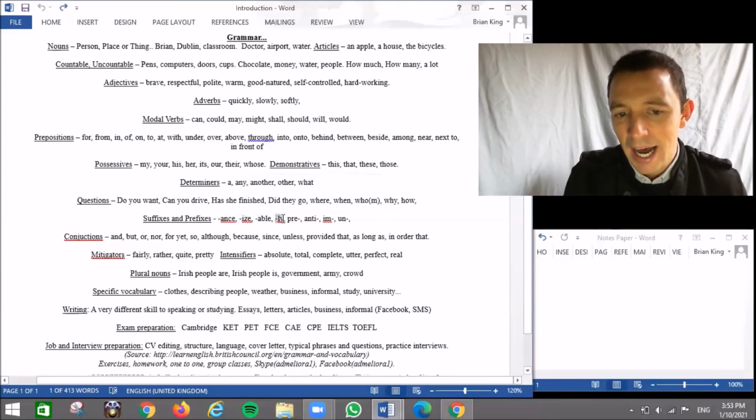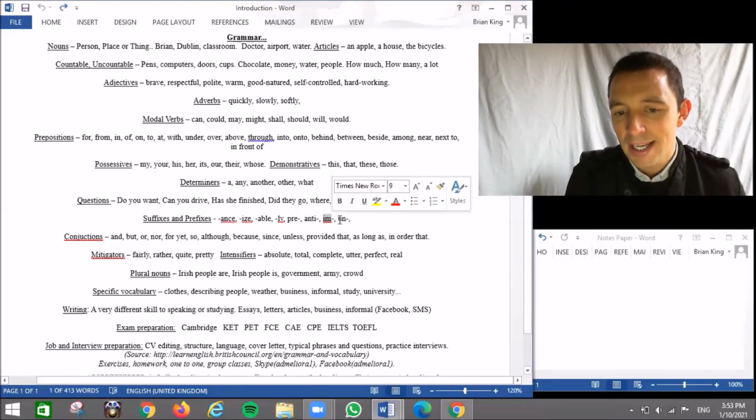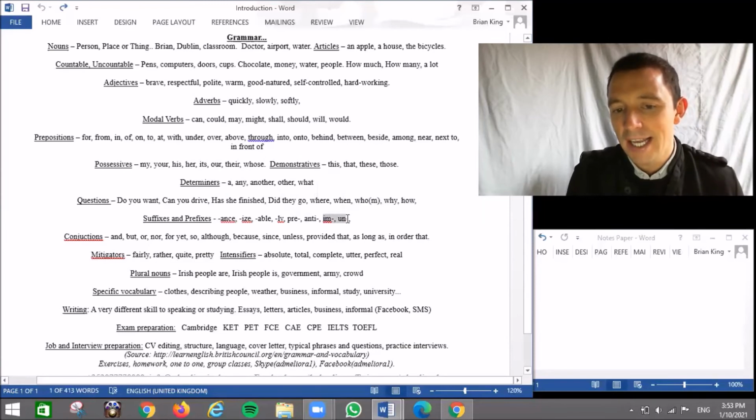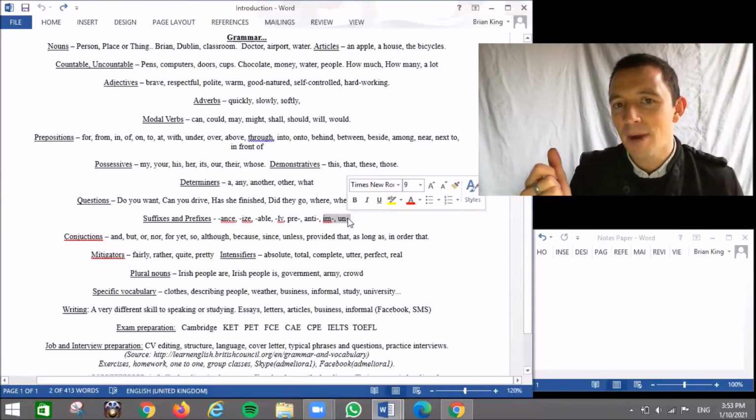Esto normalmente es adverbio. Esto siempre es antes del sustantivo. Significado: antes, before. Y anti es contra. Im is normally a negative prefix. Y un is normally negative también. So dos aquí negativos, pero irregular. Por ejemplo, impossible y unbelievable. Dos negativos, pero prefijos diferentes, pero el mismo significado de negativo. Okay.